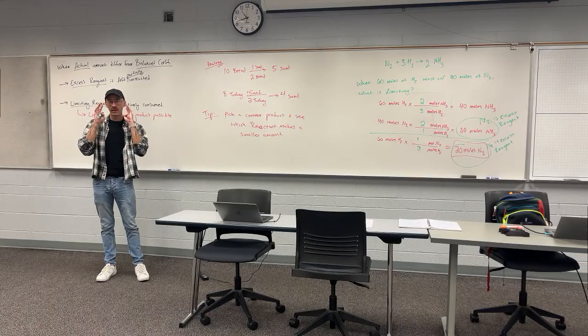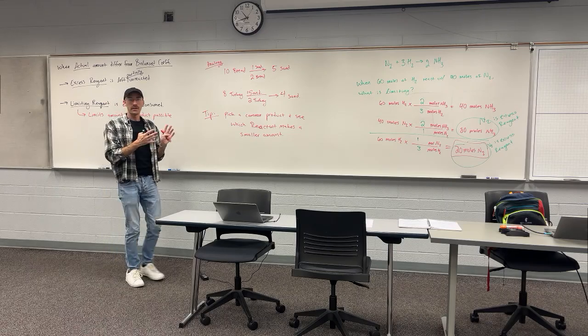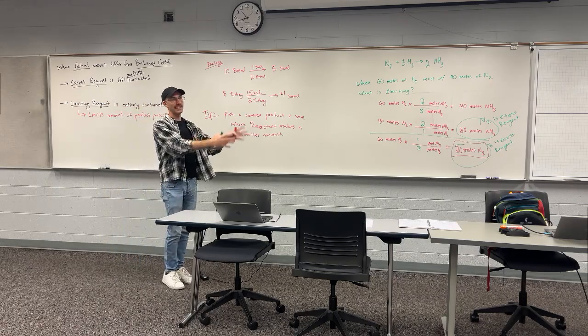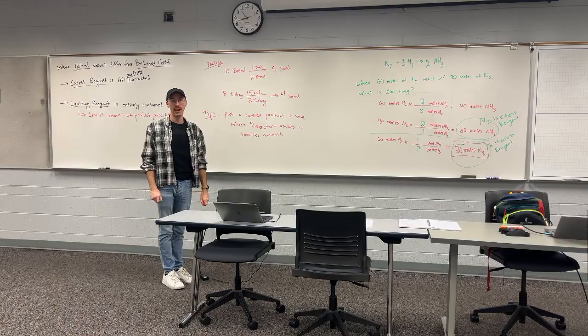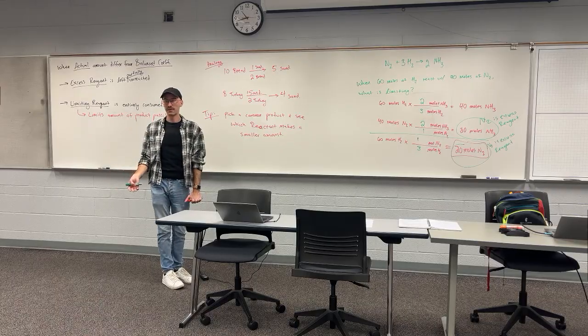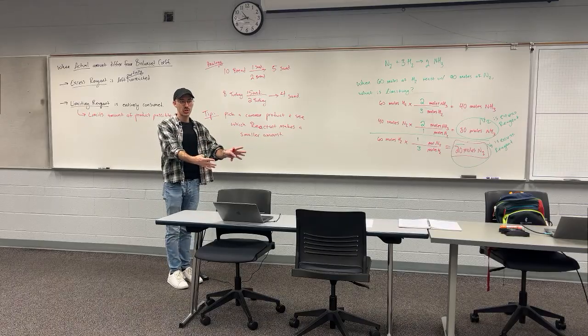So there's a bit of a logic puzzle you have to solve there. We ran into the instance where converting H2 into N2 told us we need less N2 than what we have. This could have been the other way around. We could have converted N2 into H2.